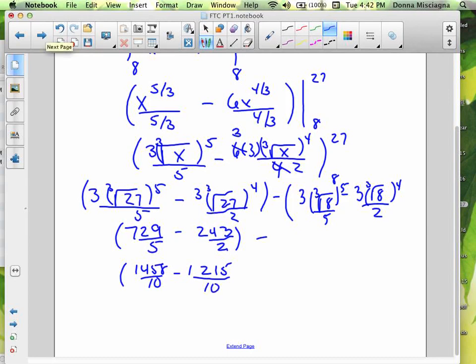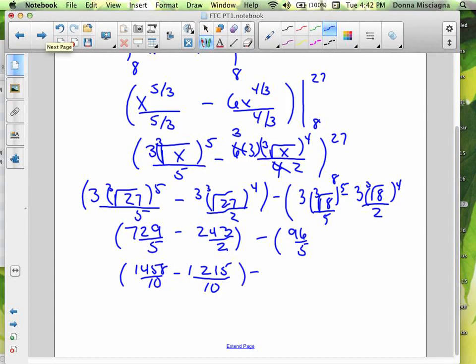Minus, all right, so the cube root of 8 is 2. And 2 to the 5th power is 32. And 32 times 3 is going to be 96. So this is 96 fifths. Again, we're going to have to multiply that by 2, so we have 10 as a denominator.